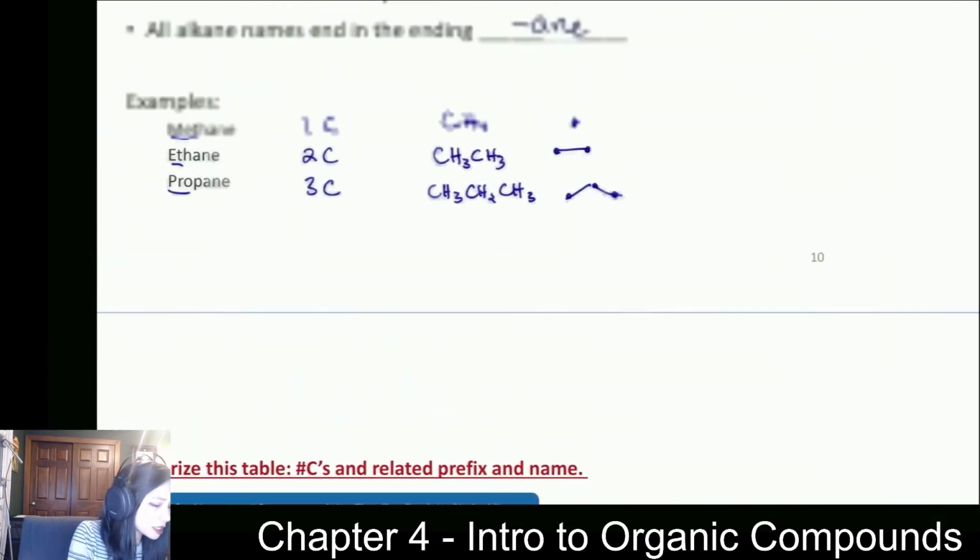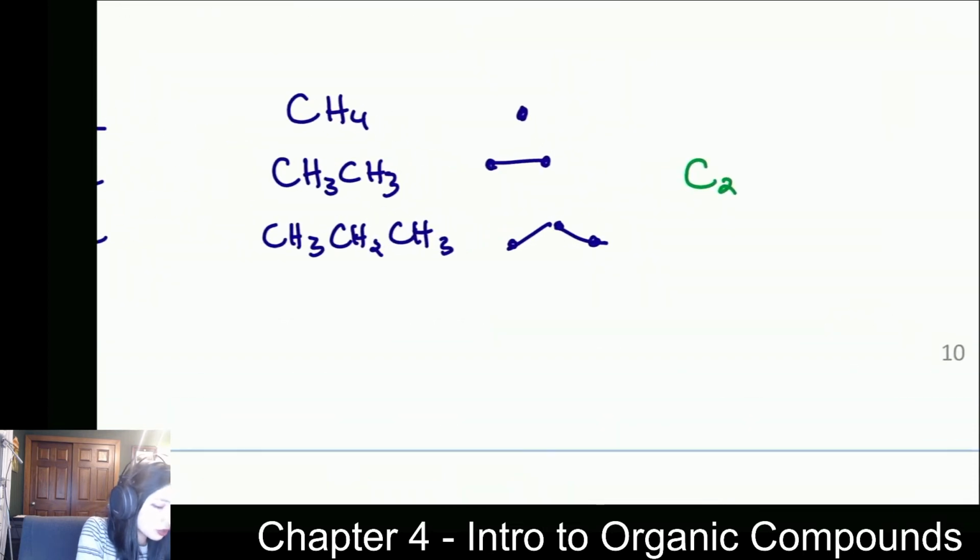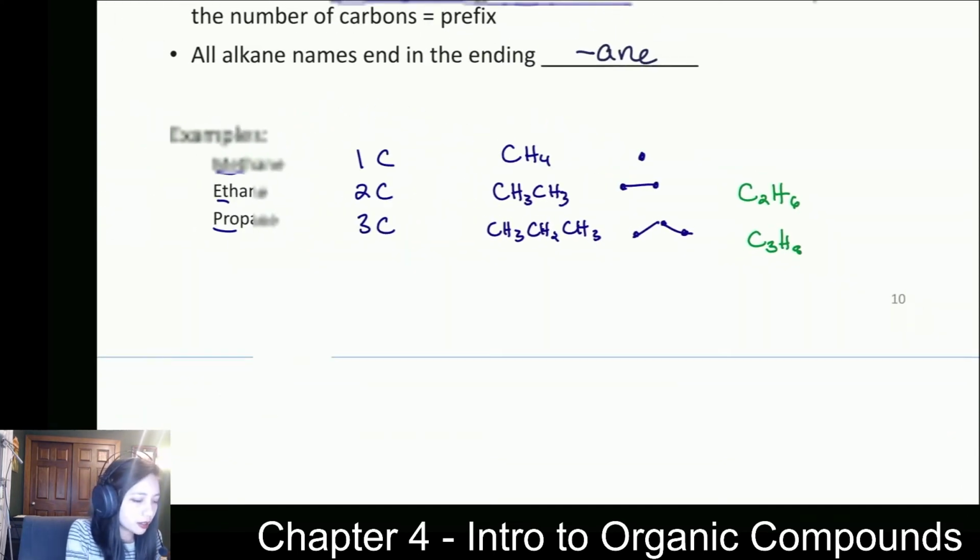If we go back to this example, I have the condensed structures for these 3, but if we wanted to just write the molecular formula, so just combine everything, it already is for methane, but for ethane, the formula would be C2H6, because there are 2 carbons total, while propane would be C3H8. So a total of 8 hydrogens there.